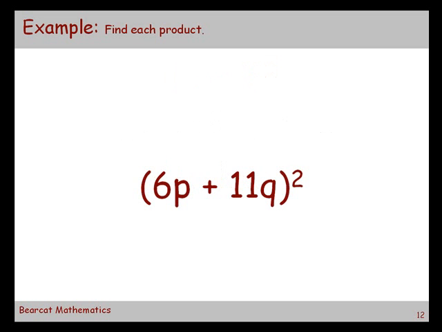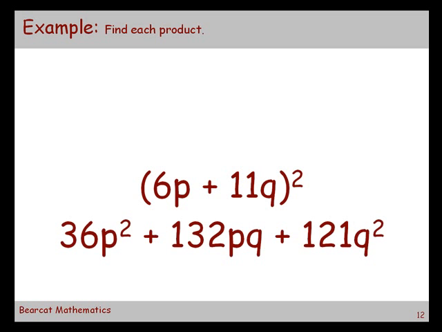Back up. 6p squared is not quite what I want. 36p squared. No, it's not 22. It's not 66. This is the first thing squared, right? 6p, you square everything there. 6 squared is 36, p squared is p squared.